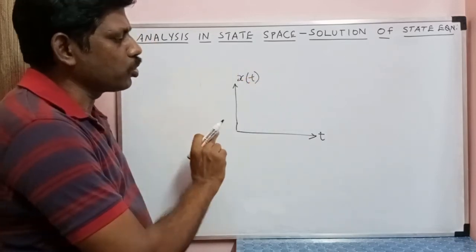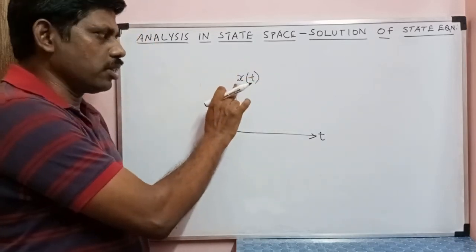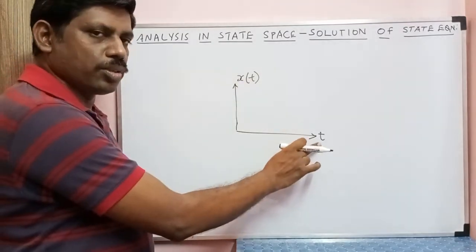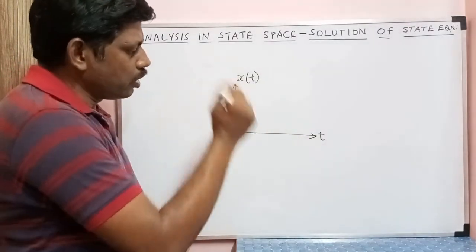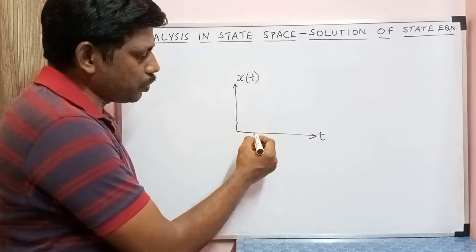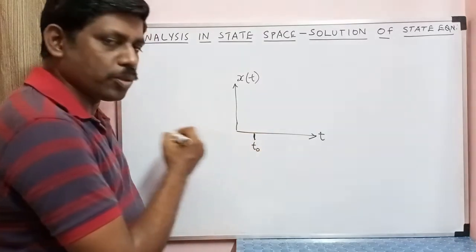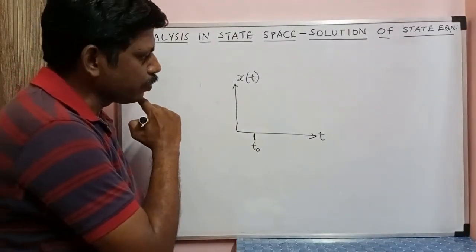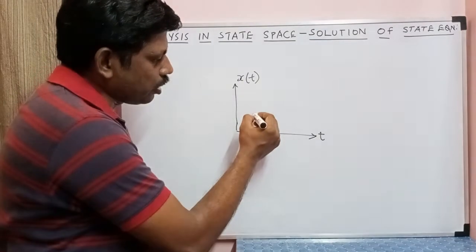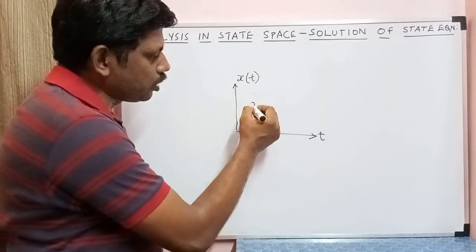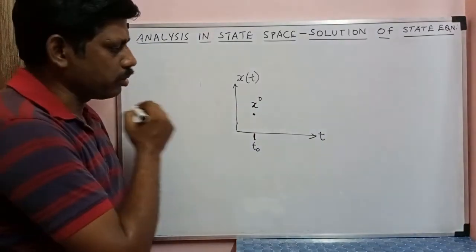It is nothing but I am going to describe how this state variable x of t is going to vary with respect to time. Let me say that at a particular time t naught, I am going to start my analysis. So let me say at this t naught value, the initial value is x naught.